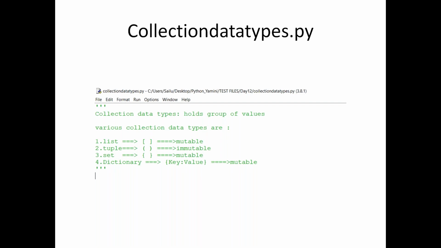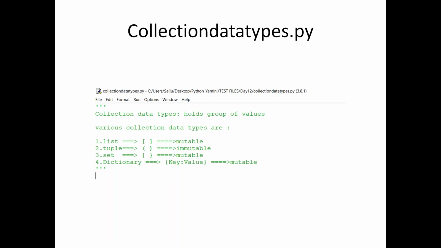For example, when I call a call center, I get an automatic reply saying press 1 for balance, press 2 for connecting to a call center agent, press 3 for fund transfer, press 4 for something else. So 1, 2, 3, 4 are the keys, and the corresponding action is the value. So a dictionary is something like that, and it is a mutable object. Now we know what is a mutable object and what is not. Out of the 4, only tuple is immutable and the rest are all mutable.